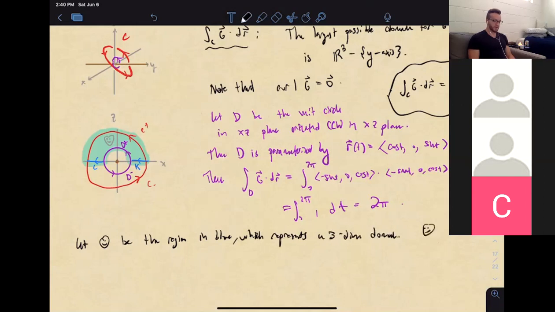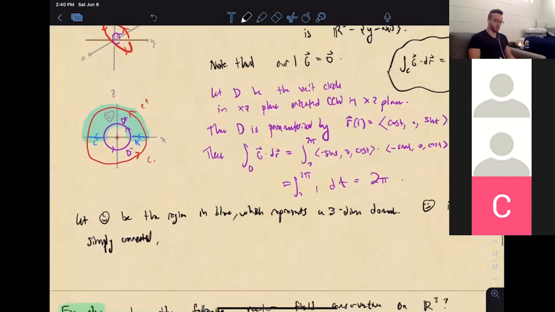The point is that smiley face is simply connected. So what do we know about the integral of g over K plus D plus L minus C plus? That's this loop, it's going to be 0.